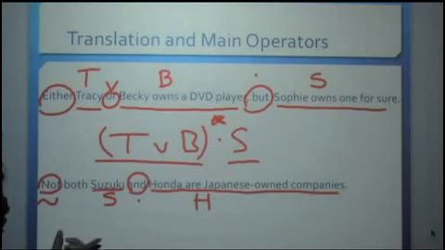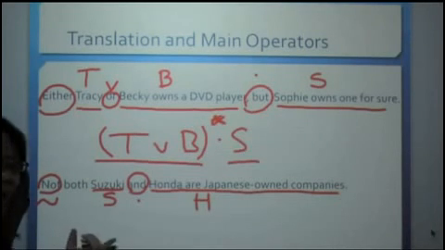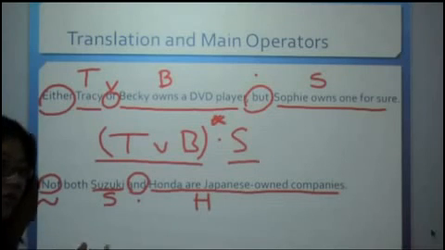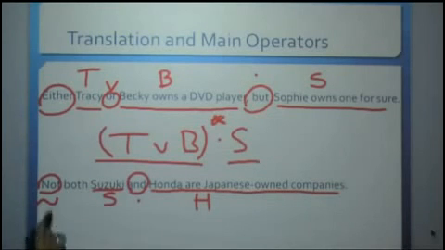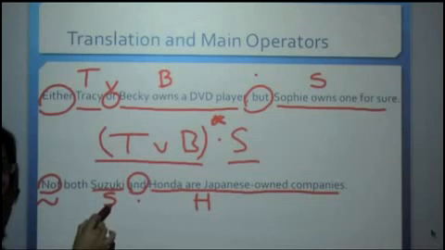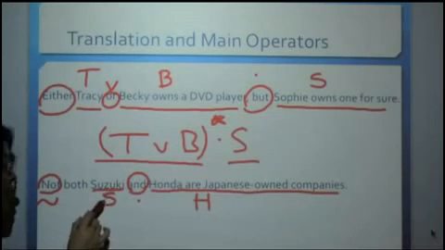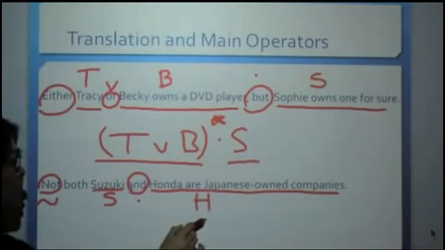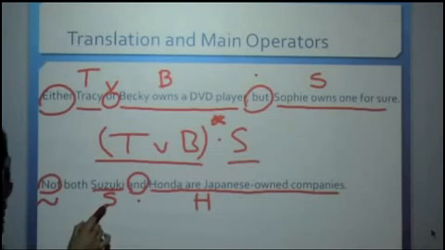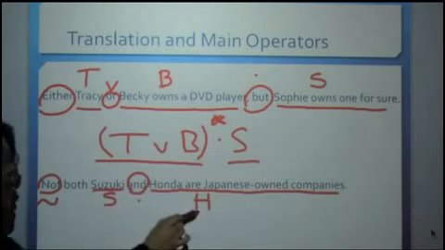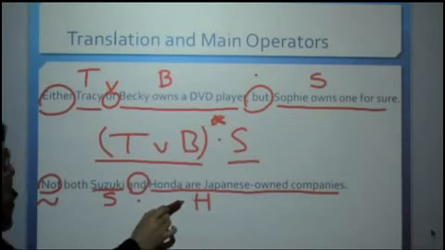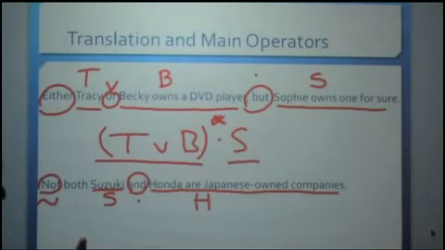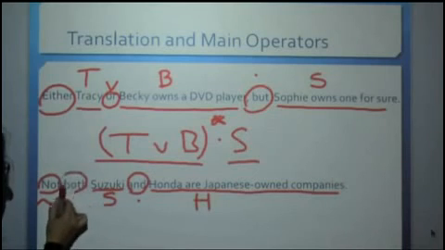Now, notice how we have issues with ambiguity as well here, because the question is, what is it that this negation negates, okay? Does this negation negate only the statement Suzuki is a Japanese-owned company, or does it negate the conjunction of the statement Suzuki is a Japanese-owned company and Honda is a Japanese-owned company? We have a little clue here by the both, okay?